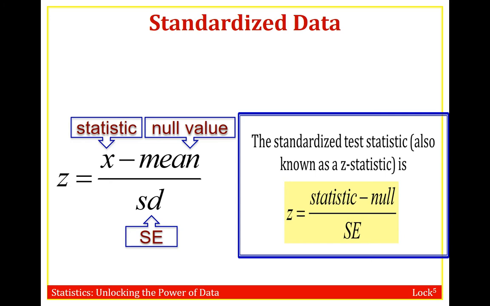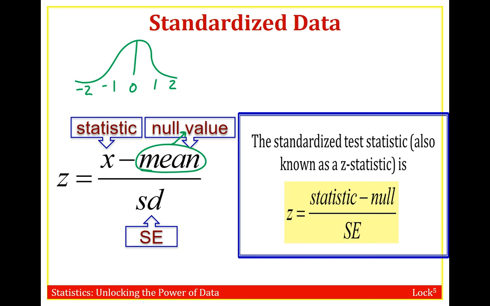Because the mean that we're talking about on a standard normal, all standard normal curves are centered at 0 and count by 1 on each side. All standard normals. So we're going to replace the mean value here with a null value. Well, remember that null value is always going to be 0, so that's going to make things nice.